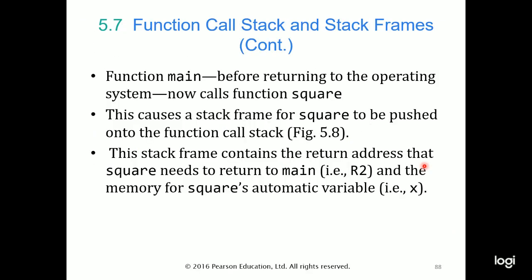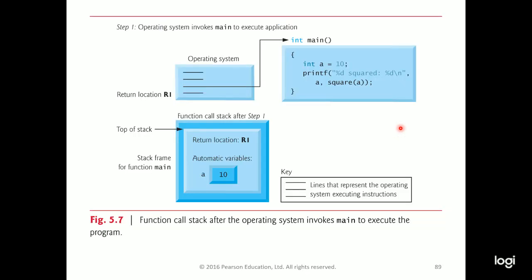So let's say that originally your main function lies somewhere at address R1, and so let's look at the figure first of all. Let's say in your operating system the main function is at return location R1.